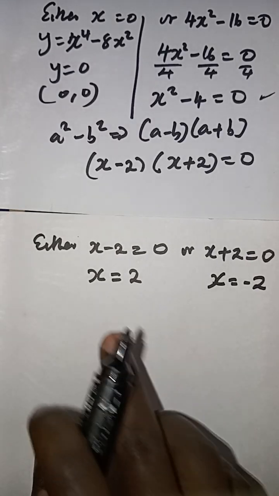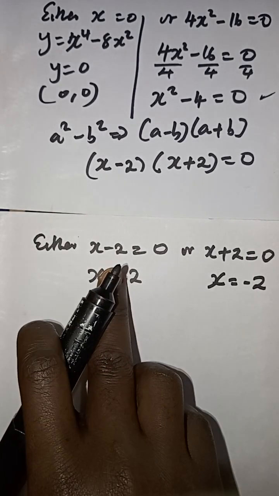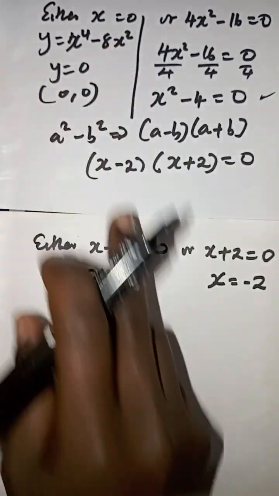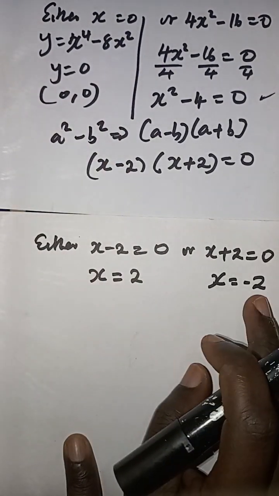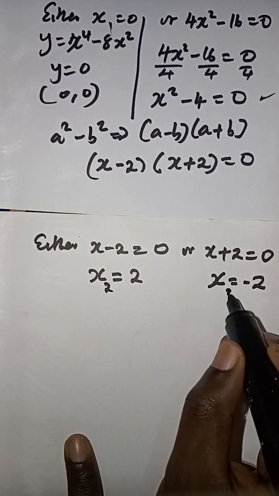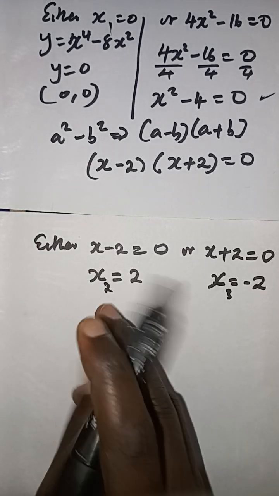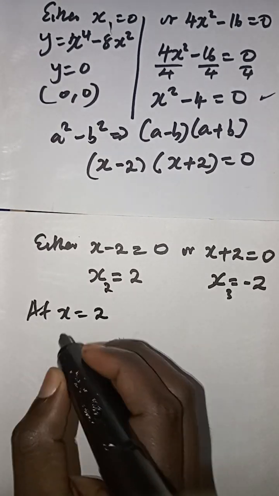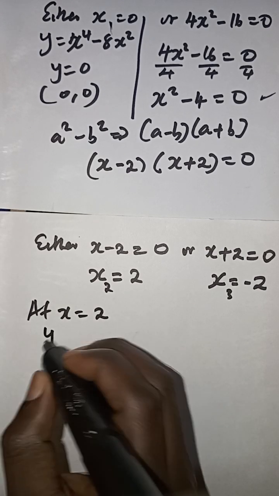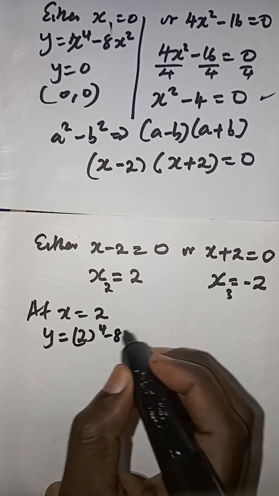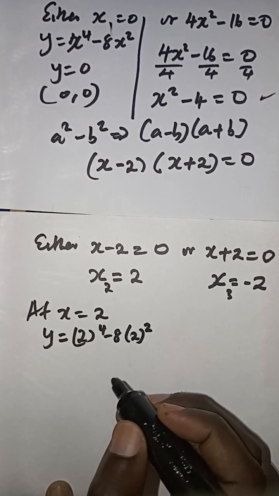So I have 3 values of x. x was 0, that one, x is this, and another x. I'm going to call these x1, x2, and x3. So at x2, x is equal to 2. The value of y will be 2 to the power 4 minus 8 times 2 to the power 2.